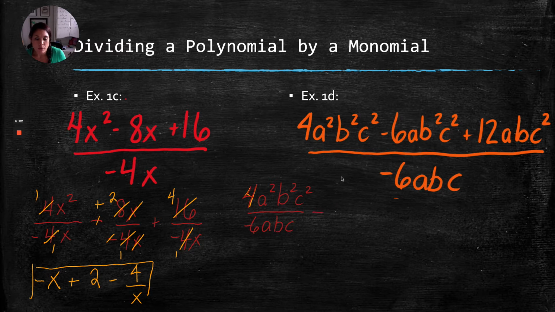Note the minus sign, 6ab squared c squared over negative 6abc plus 12abc squared over negative 6abc. So let's begin to simplify.